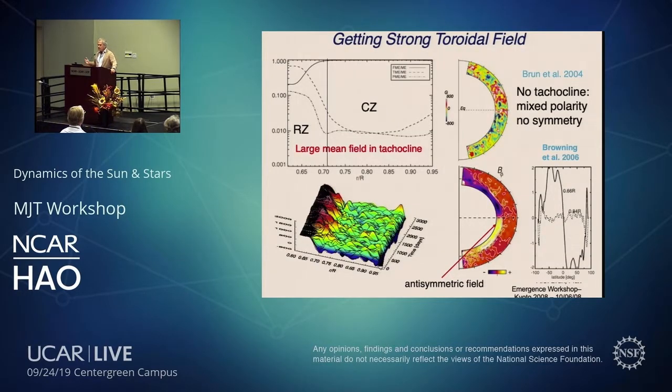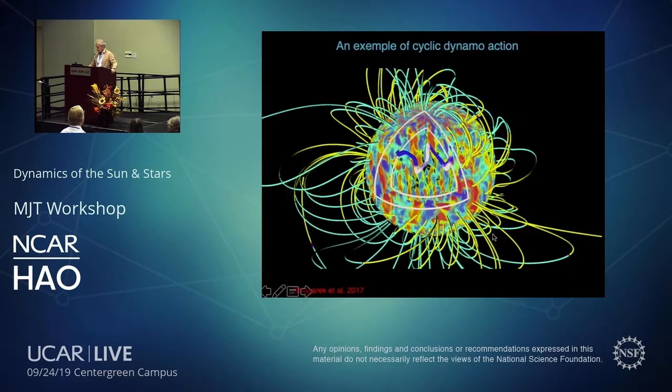So we did several simulations, and in the beginning we were not including a tachocline. This was that case, and the magnetic field was not so well organized. And then with the work of Matt Browning and Yuri again and a few others, we were able to implement a tachocline, and we were seeing the rise of the toroidal energy in the tachocline. And here you can see we start to have magnetic layers where you have strong field organization.